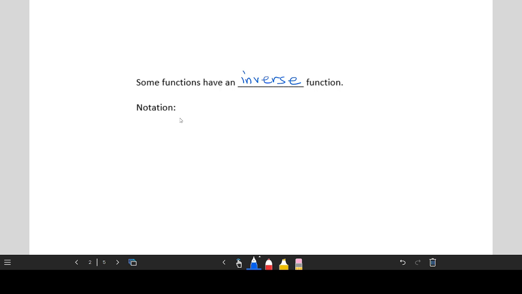If our function we're talking about is denoted f of x, then the notation that we use for the inverse of f of x is this, and that's just read as f inverse of x.